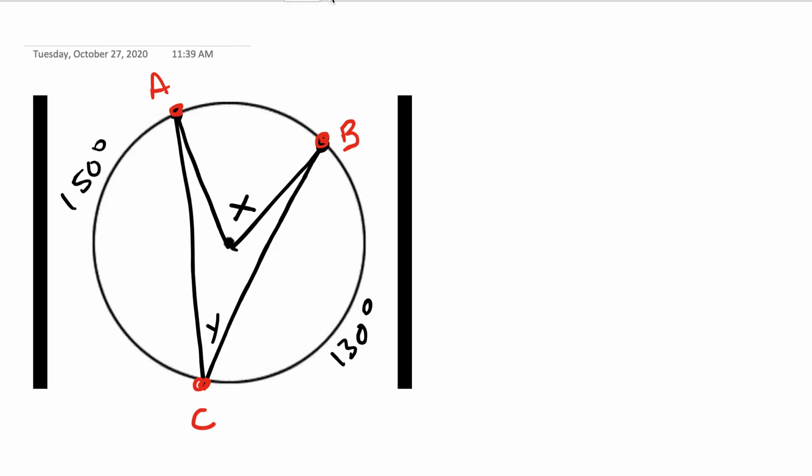So to begin this problem, since we know the central angle is x, we know this arc is the same, so we could put an x there for that arc. So again, from A to B, x is blue. From C to B is green. And from A to C here is red. So again, we're using the whole circle.